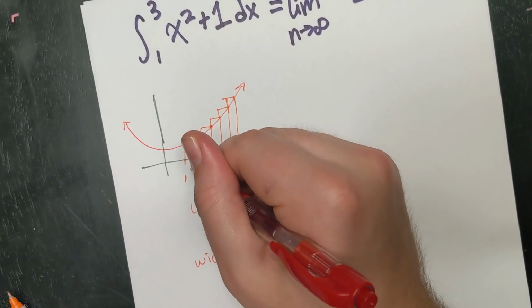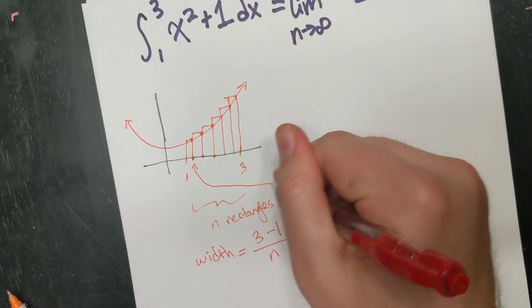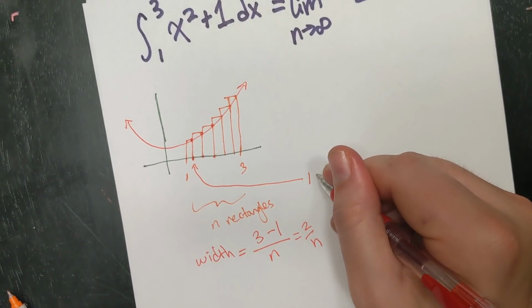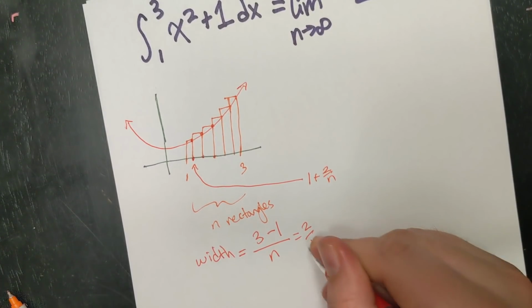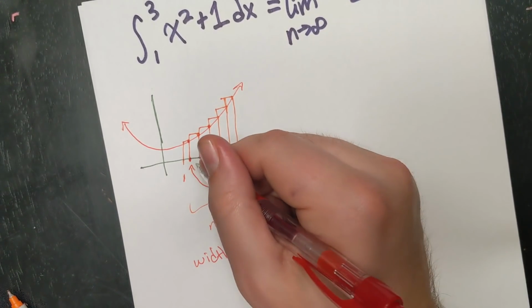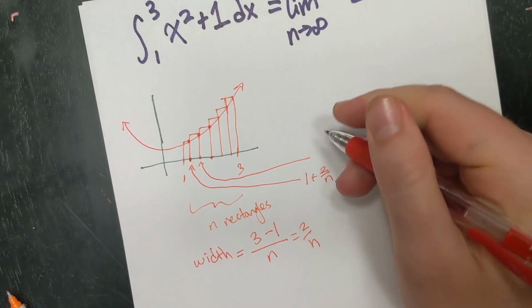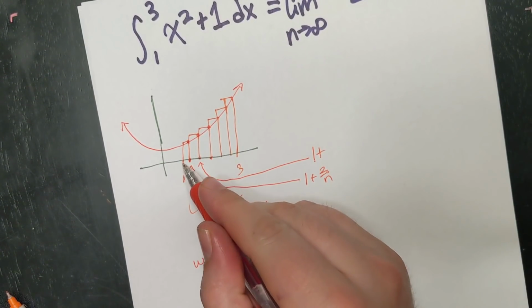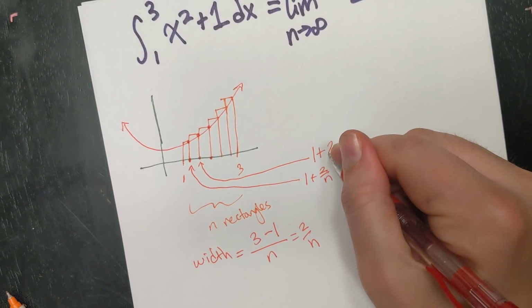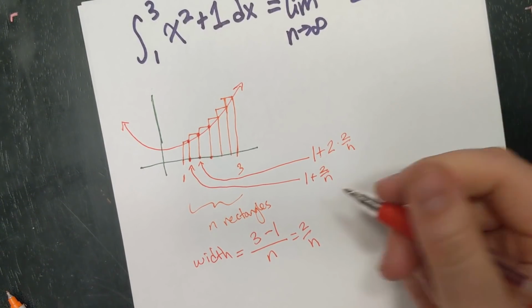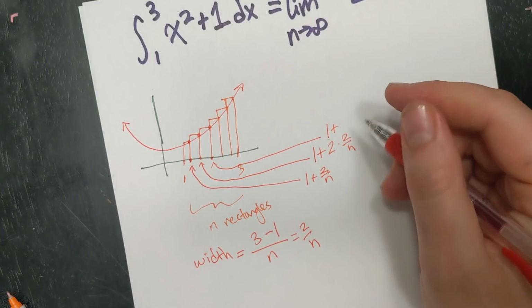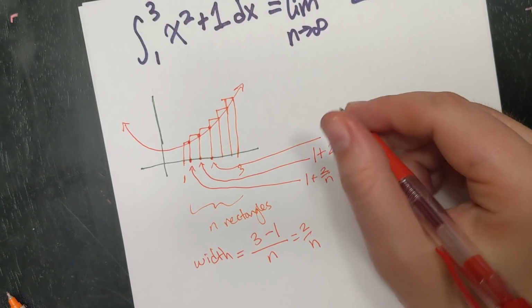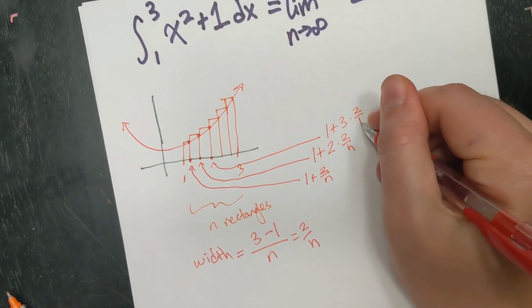So what are these x values? Well, this first one is we started off at 1, but then you went over 1 width. So you go over 1 width, 1 copy of 2 over n. The next one is you started off at 1, but now you've moved over 2 widths. So 2 times 2 over n. And the next one is you're at 1, but then you move over 1, 2, 3 widths. 3 times 2 over n.